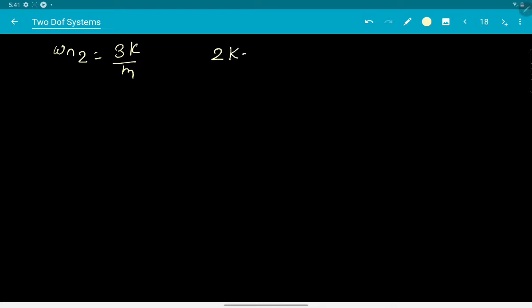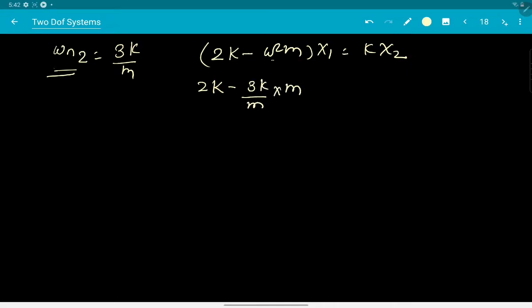Now let me put this value of omega n2 in the equation that we have obtained, which was 2k minus omega square m x1 equal to k x2. So in this equation, let me put the value of omega square as 3k by m, which is the value of omega n2. So what I'll get is 2k minus 3k by m into m, everything multiplied by x1 is equal to k x2.